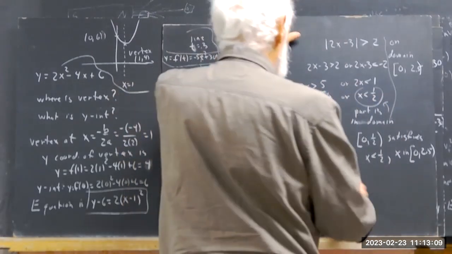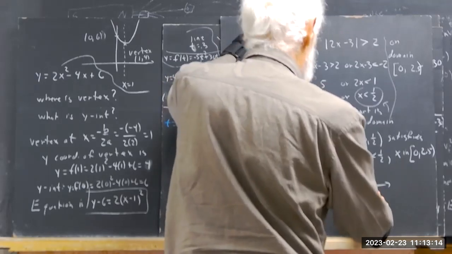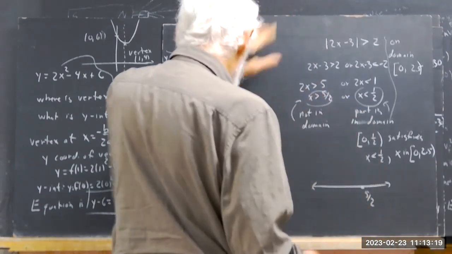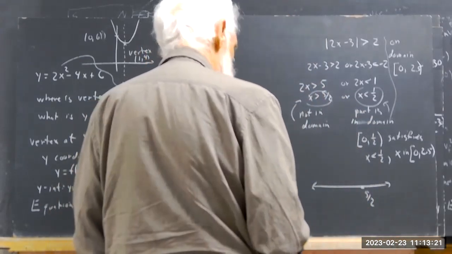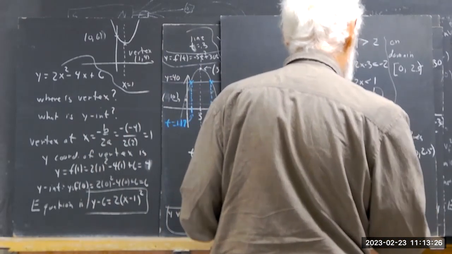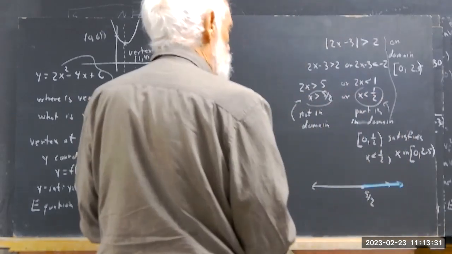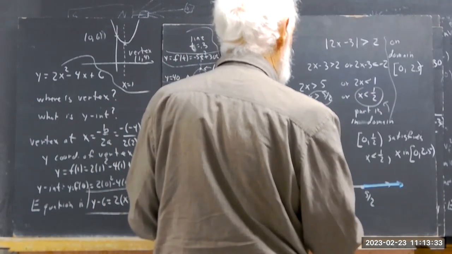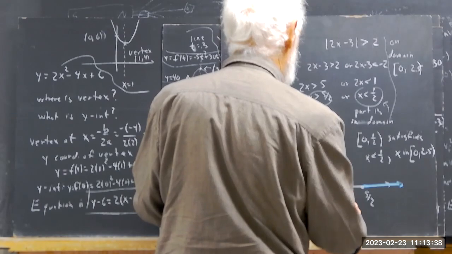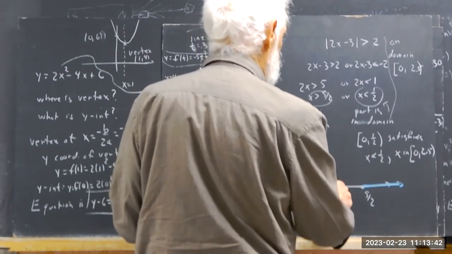So there we have it. Then we can draw a picture of that. Solutions to the equation: 5 halves, which is 2.5, and 1 half is here.